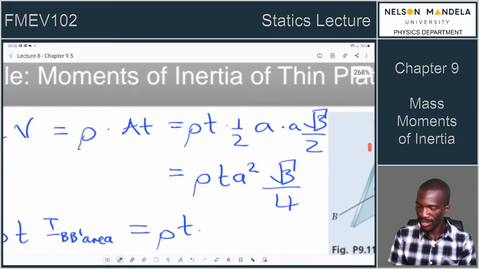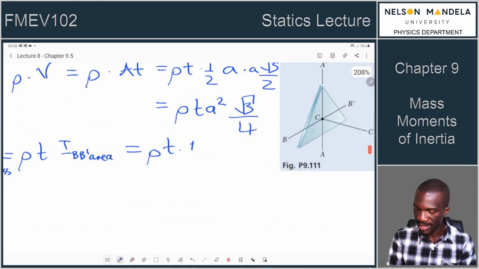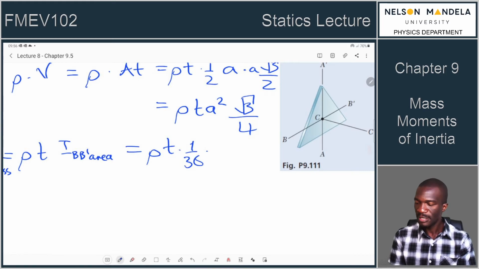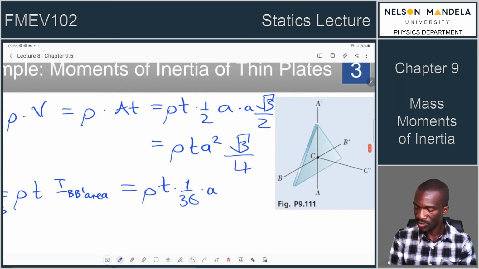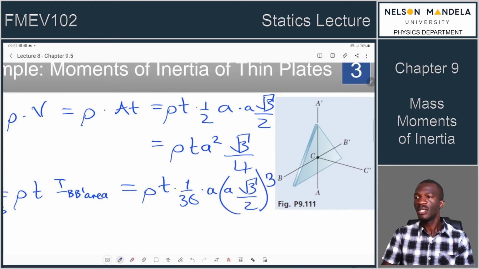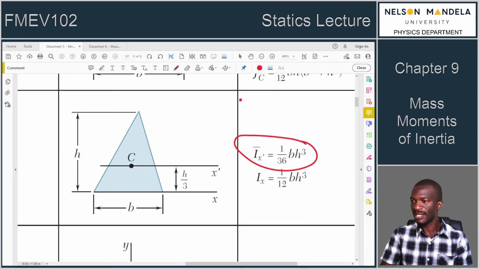So we know then that rho T multiplied by a 36th, B being the base, our base we know is A. H cubed being the height, we already calculated our height. It was A root 3 over 2, and this height is what is cubed. So let's just verify that.